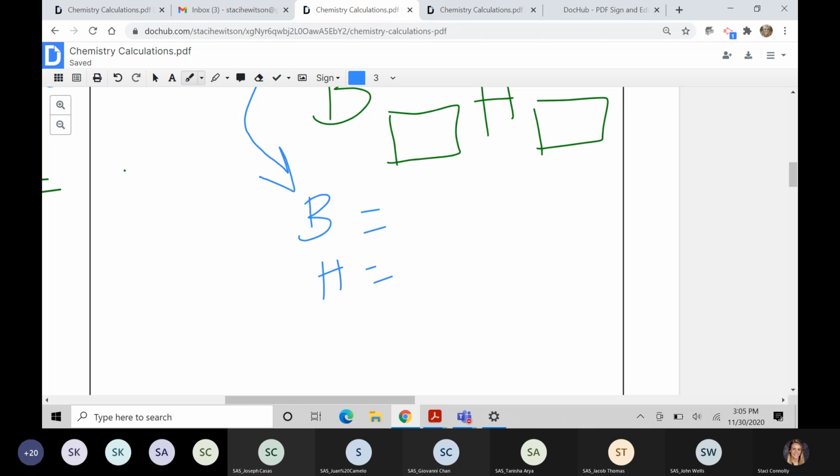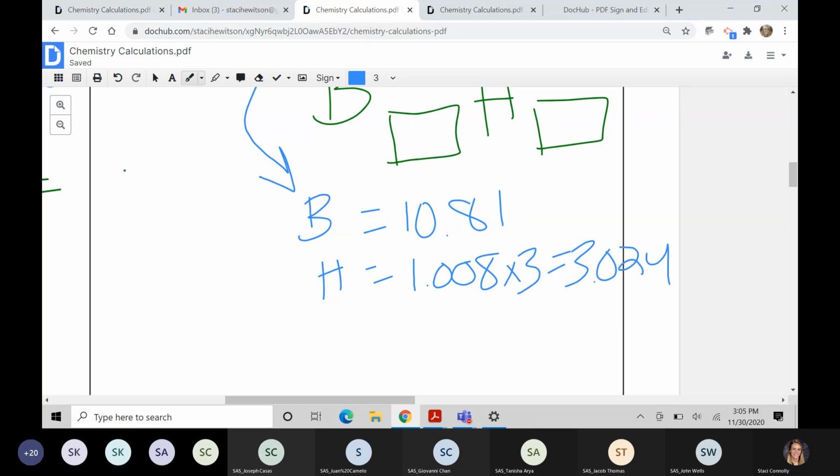Okay, boron is 10.81 on the periodic table, and hydrogen is 1.008. However, there are 3 hydrogens, so we need to multiply that times 3, and that will give us 3.024. So go ahead and add that up, guys. I'll give you a moment to add up your boron and your 3 hydrogens.